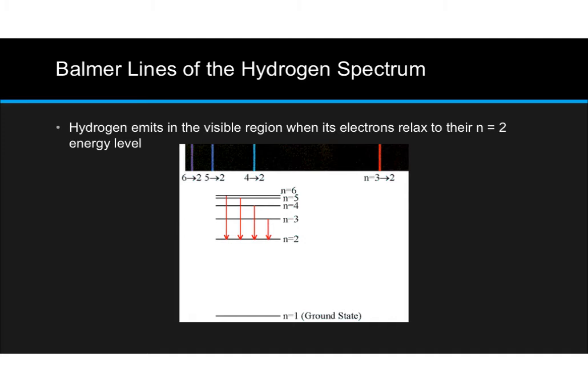Hydrogen has one electron, and if we supplied that electron with enough energy to move to the sixth energy bookshelf, eventually that electron could find its way down to the second on its way to the first energy shelf. As an electron jumps from the sixth energy shelf to the second, it sheds a photon of light with a large amount of energy, because this is a big energy gap. That large amount of energy corresponds to purple light.